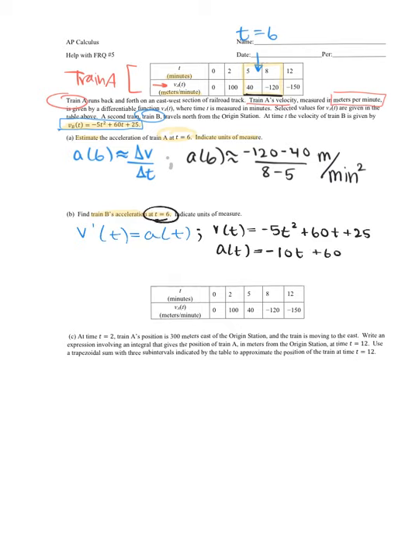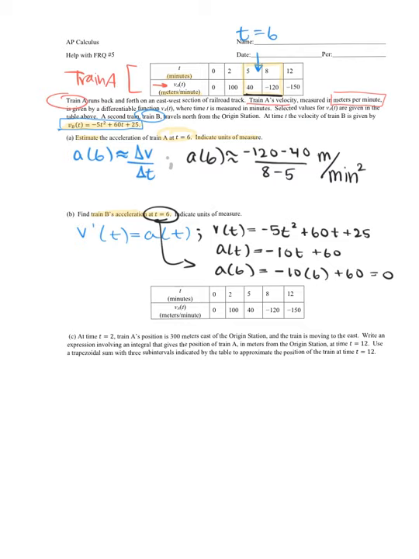And then I'm at t equals 6, so I'm going to replace t with 6. That would be negative 10 times 6 plus 60. Again, I could simplify if I wanted to, but that would just be equal to 0. So there is my acceleration. Velocity would be constant at that particular point, right? Because there's no acceleration.